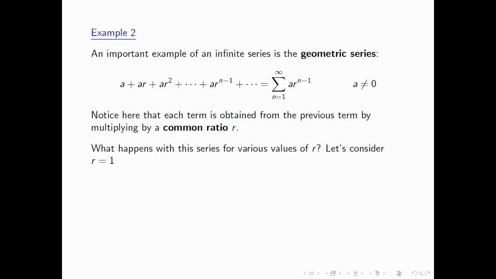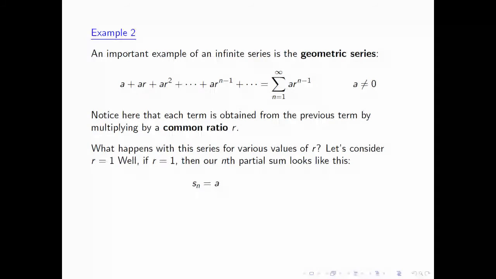The first one we look at is what happens when r is equal to 1. So when r is equal to 1, let's consider what our nth partial sum will look like. So Sn will be a1 plus a2 plus a3 all the way up to an, right? The first term there is going to be a. Then the second term is going to be a times r, but r is 1, so it's going to be a plus a.